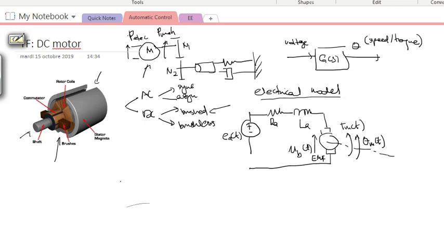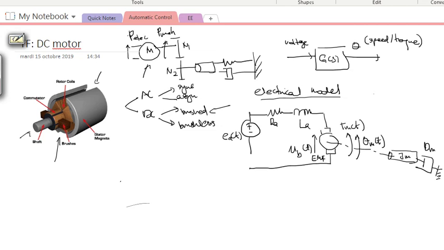Therefore, that mass has a certain inertia, I would call Jm, and it is usually mounted on a bearing. And when you mount it on a bearing, it has a certain viscous friction that can be modelized by a damper, dm.